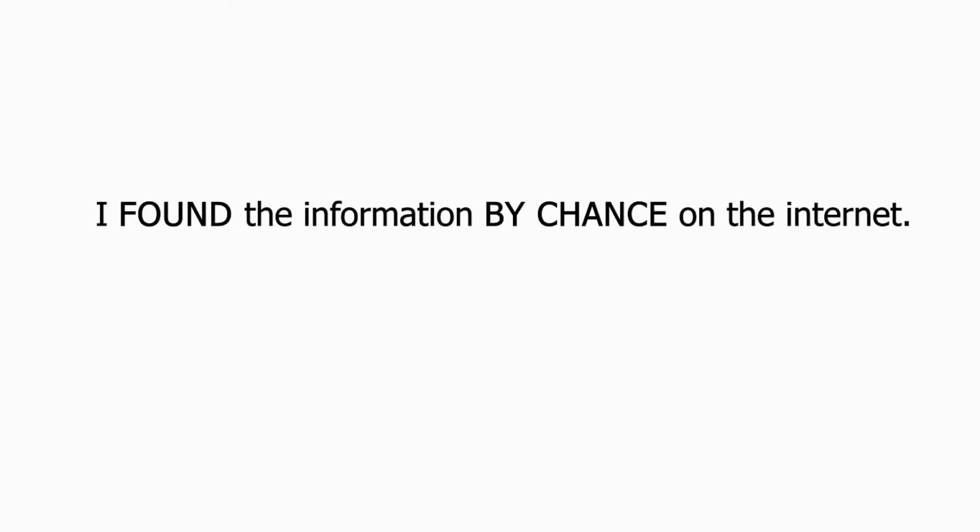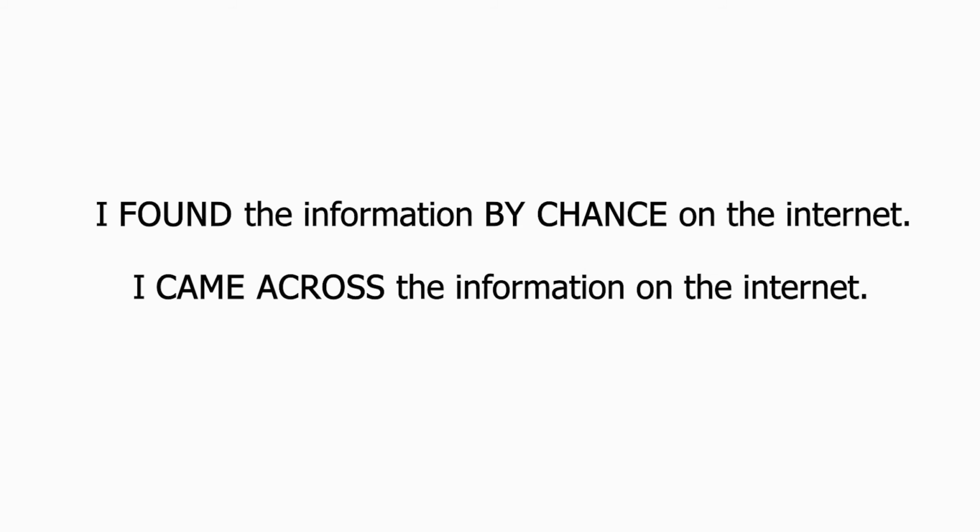In the next activity, you will see sentences on the screen and you will have to use the phrasal verb version. So in the original sentence, there will be no phrasal verb, and try to say a sentence with a phrasal verb we have learned. I found the information by chance on the internet. I came across the information on the internet.